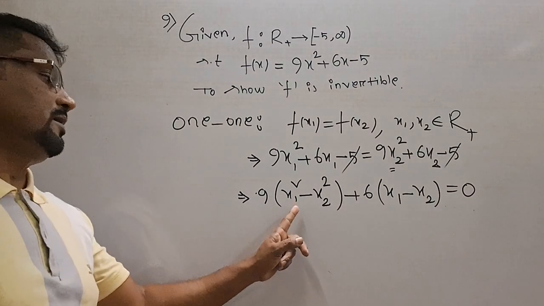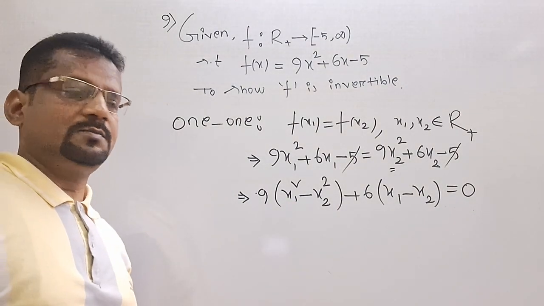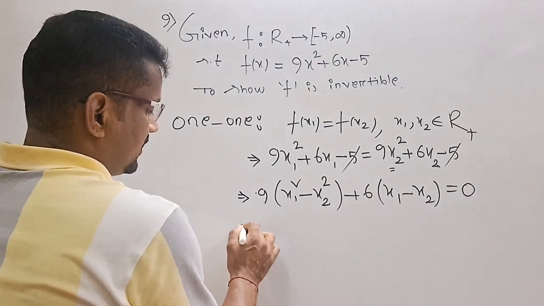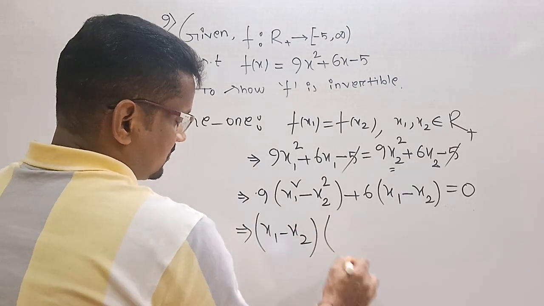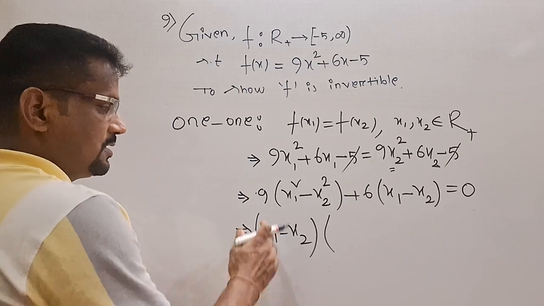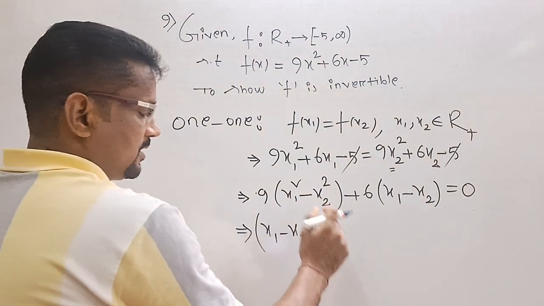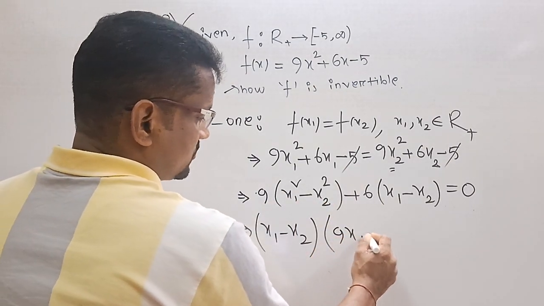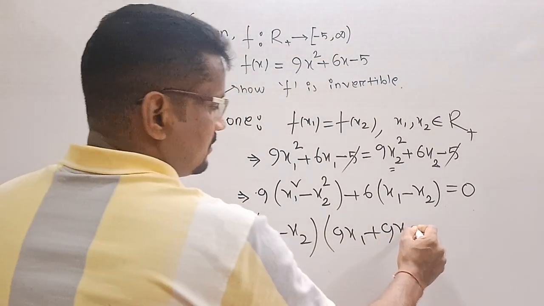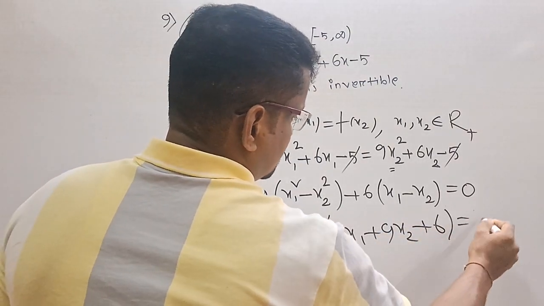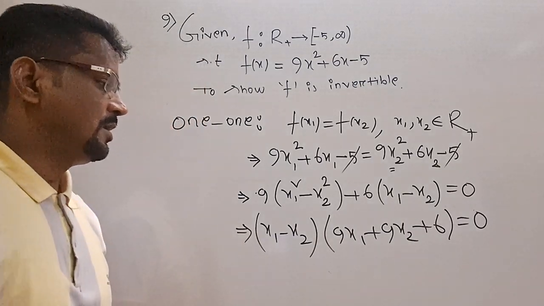Then you see, it is a squared minus b squared, so (a minus b)(a plus b). So directly you can say x1 minus x2, this factor is common. What is left here? x1 plus x2, multiplied by 9, then it will be 9x1 plus 9x2, and here plus 6, which is equal to 0.